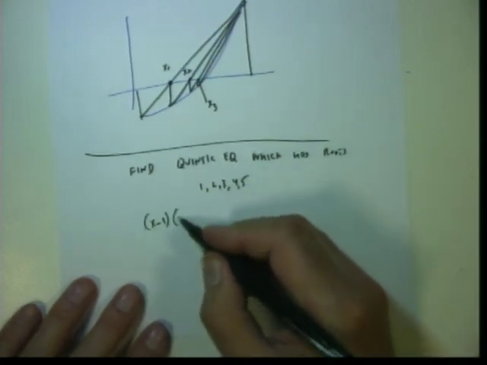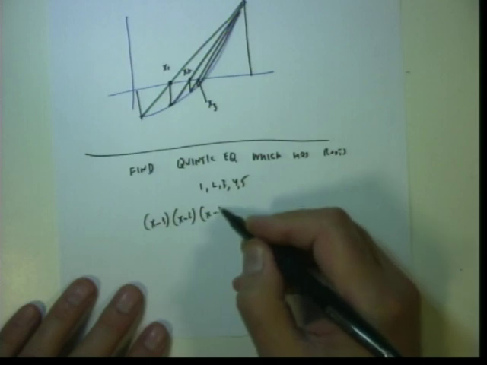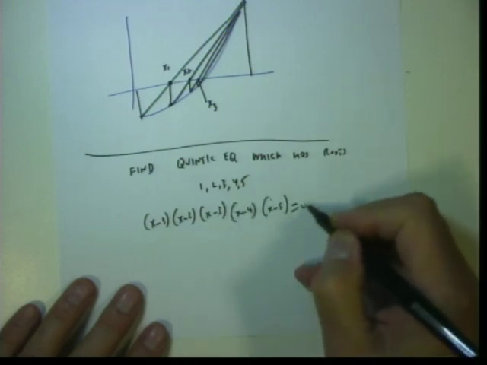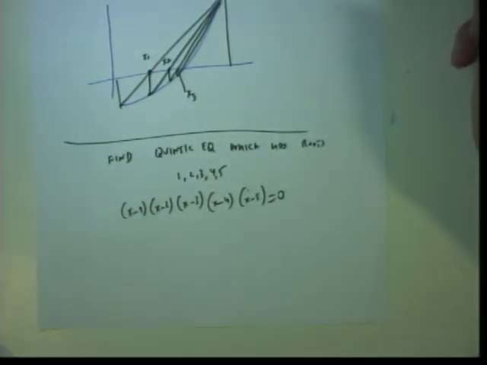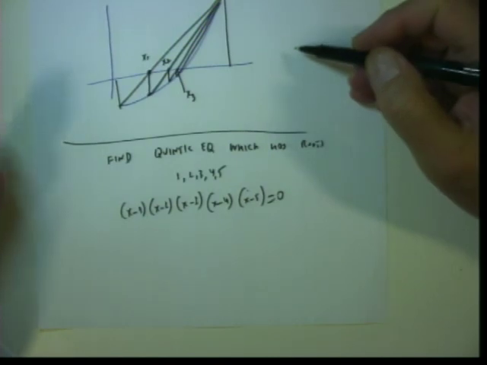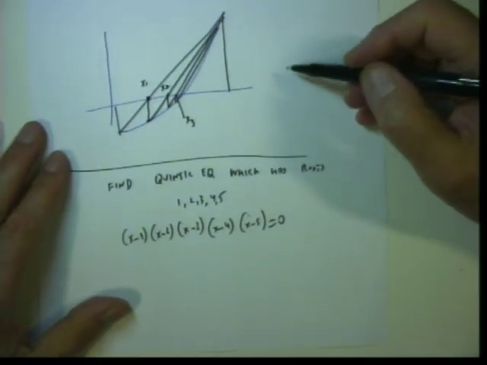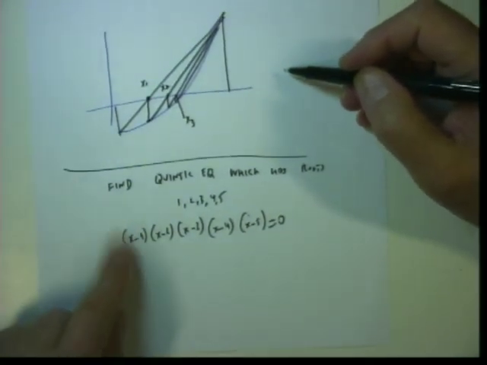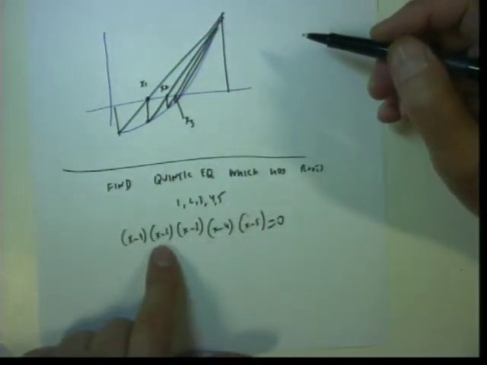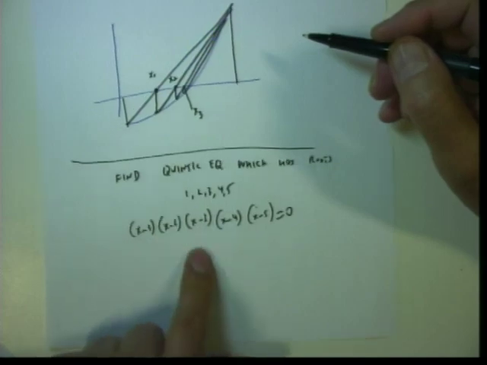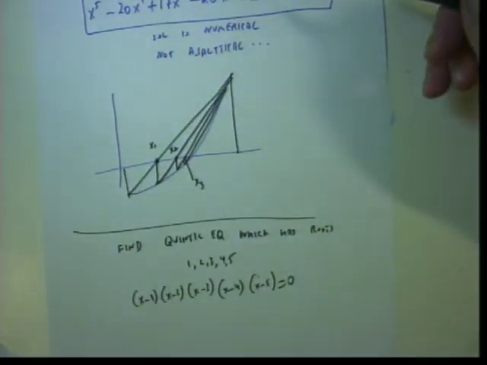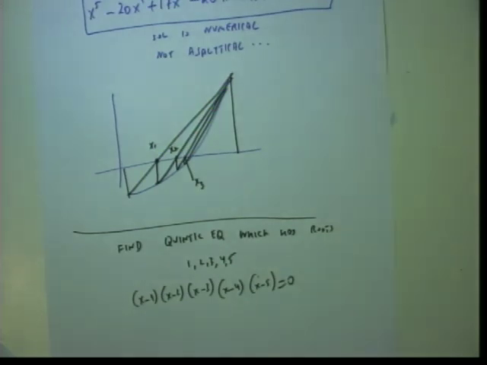You just have to multiply, and we find an equation that has roots 1, 2, 3, 4, and 5. So what I meant was the idea that sometimes the inverse problem, say construct an equation that has such a solution, is much easier to perform than to solve the problem directly. That was the message. Okay.